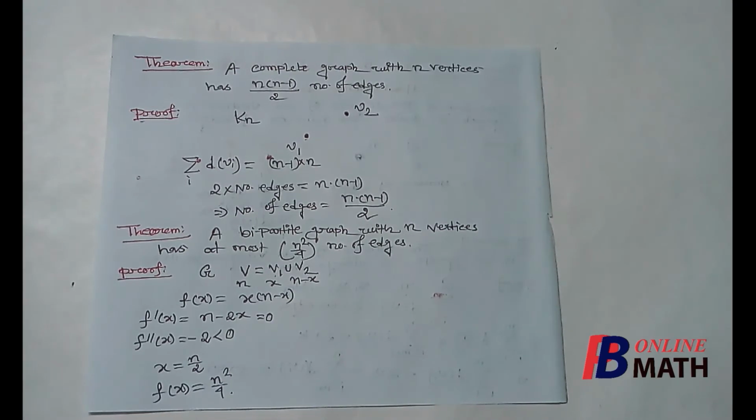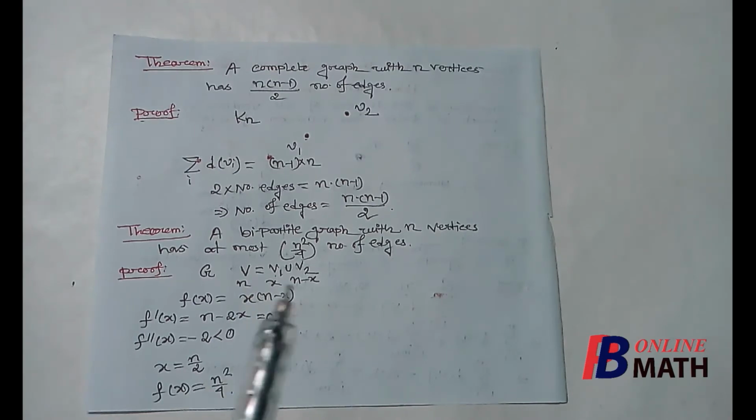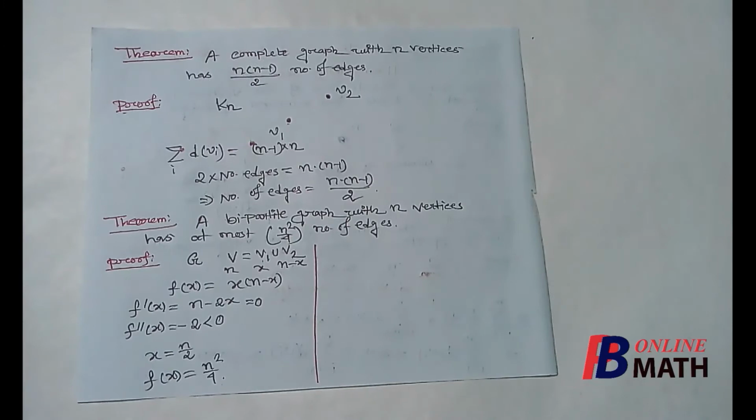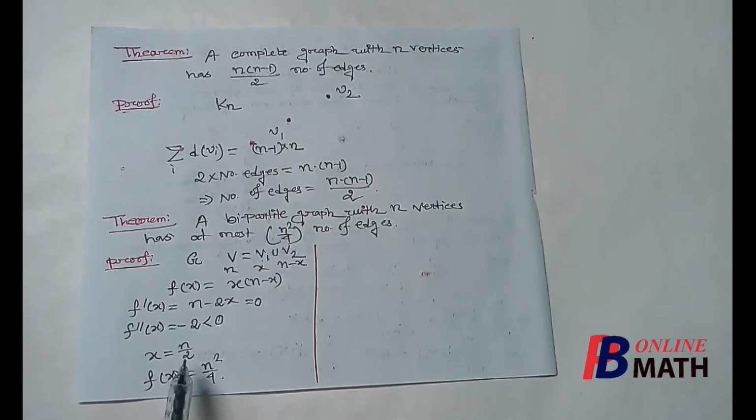Now what will happen if the number of vertices n of the bipartite graph is odd? If n is an odd number, then n square by 4 is no longer an integer. So in this case the question is how to break the vertices V into two parts such that we get the maximum number of edges. So if n is odd, then x equals n by 2, which is not an integer.